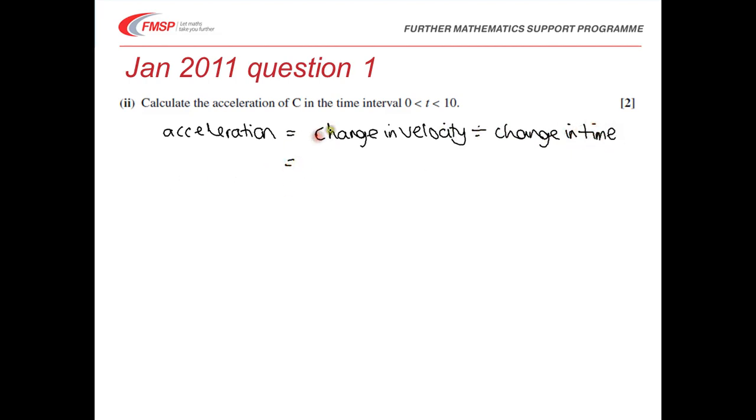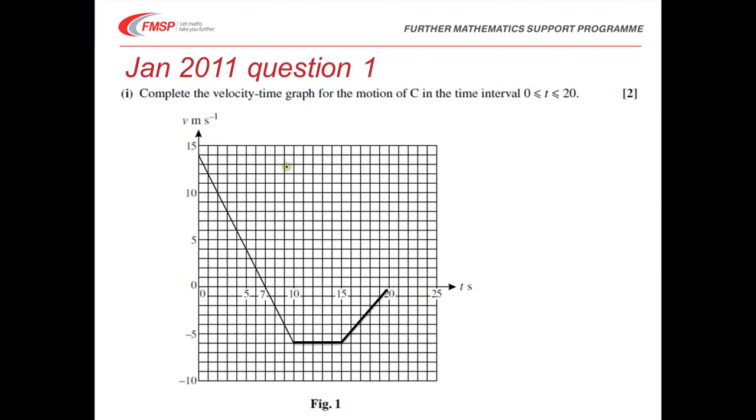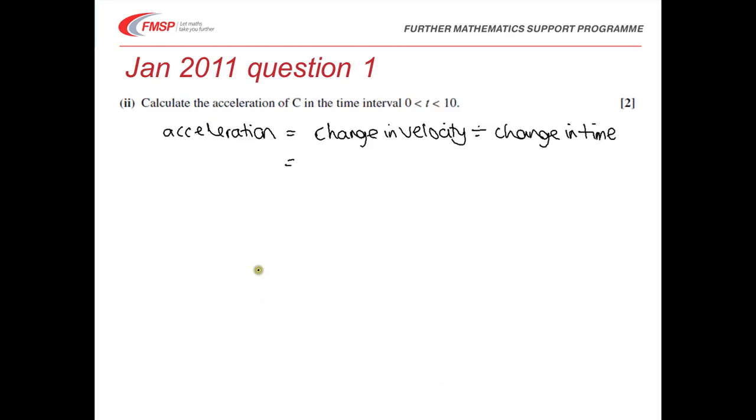So let's go back and have a quick look at the graph. The change in velocity, well, we started at 14 and we've gone to -6, and that's happened over a 10-second period. So the difference is -6 subtract 14, and the time period is 10. So we have -20 divided by 10. So the acceleration is -2.